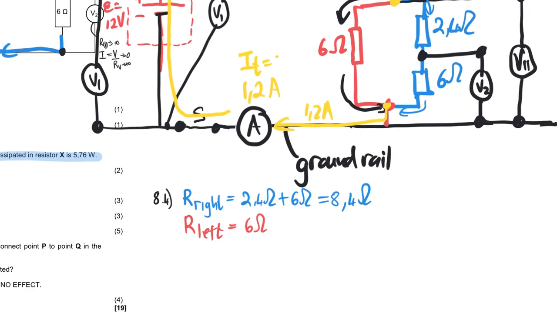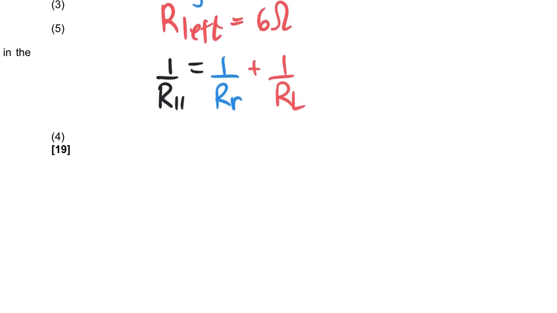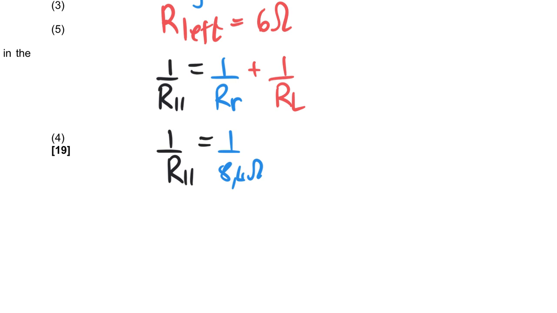So we are going to use the formula for parallel resistances. We can say that 1 over R parallel equals 1 over R right plus 1 over R left. So 1 over R parallel is going to equal 1 over 8,4 ohms plus 1 over R left, which is going to be 1 over 6 ohms.